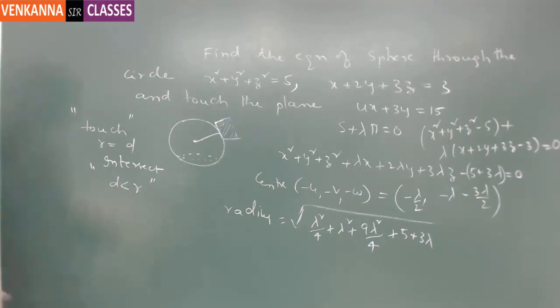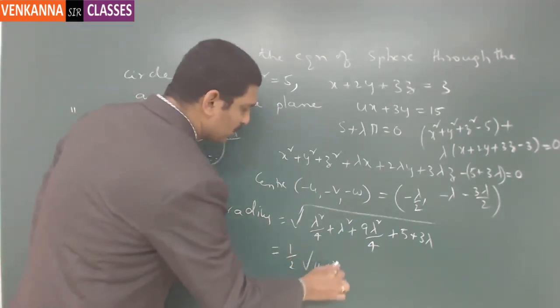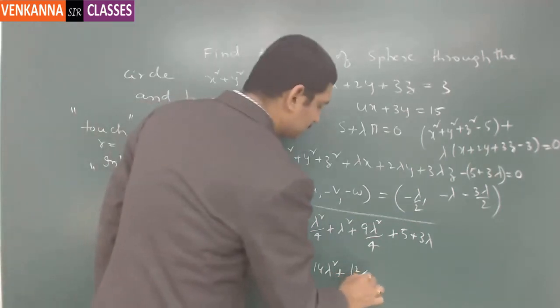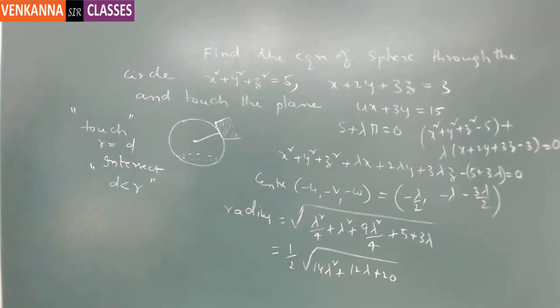It will be 1 by 2 into square root of 14 lambda square plus 12 lambda plus 20, if you go for LCM in the numerator. So this is all about the radius.